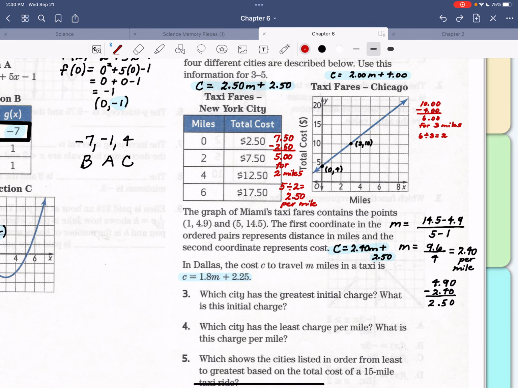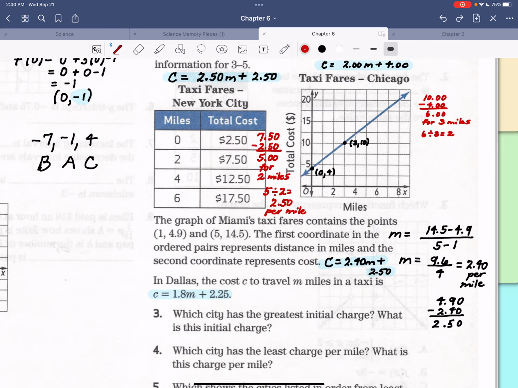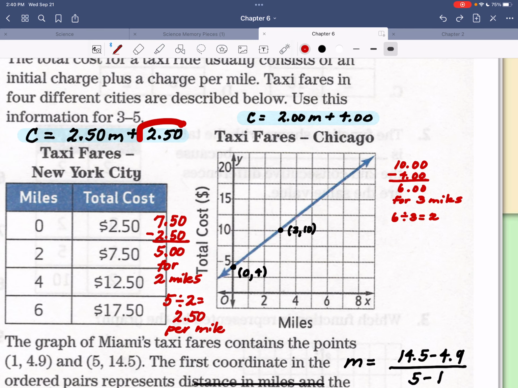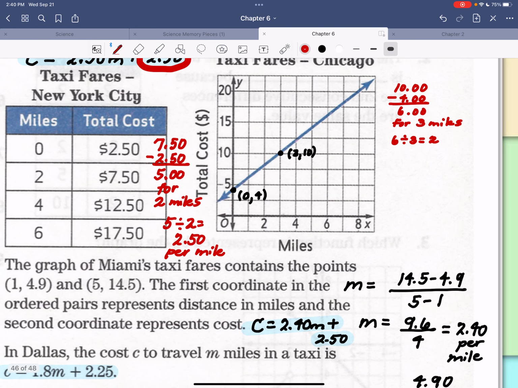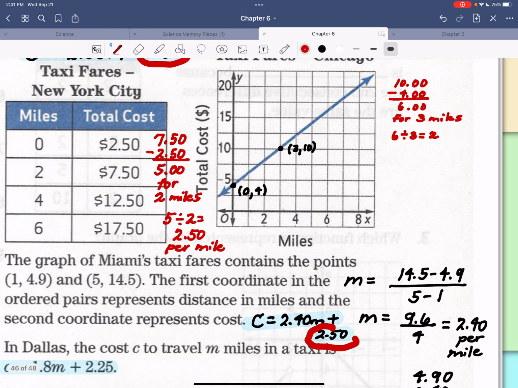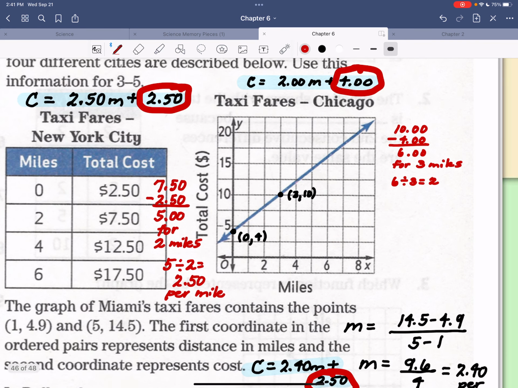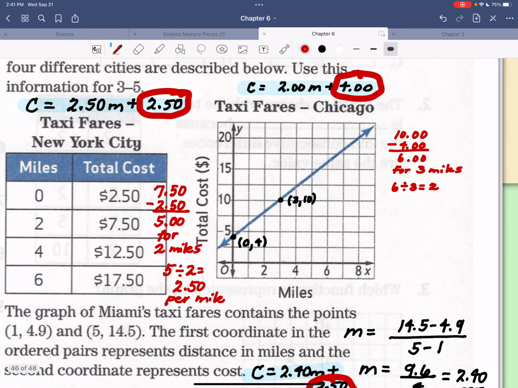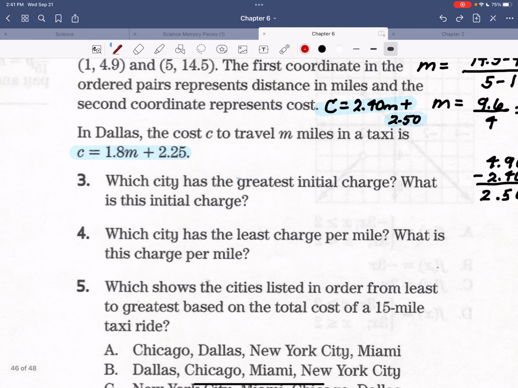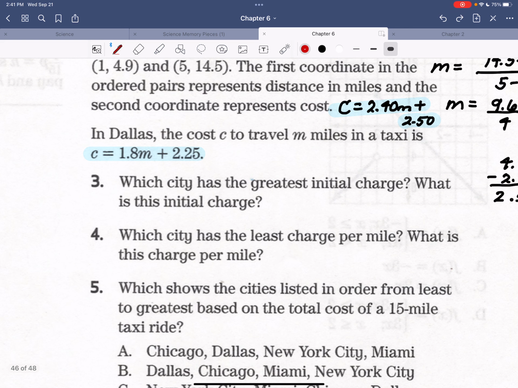So to find this one, we're going to look at the y-intercept, at b. Chicago is going to be the one, I believe. Yes. Chicago's is $4. That is the greatest one by far. That's just to get in the taxi.